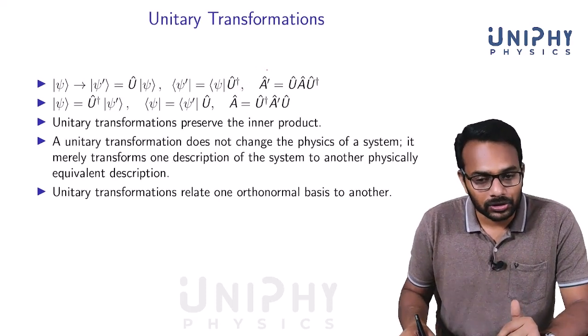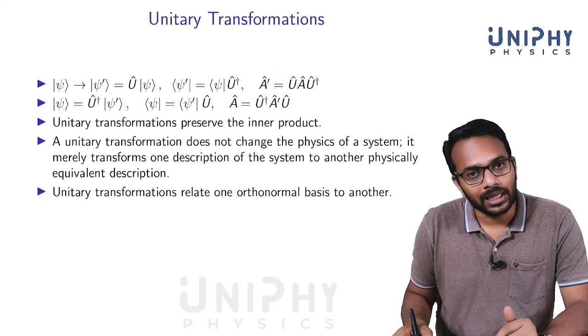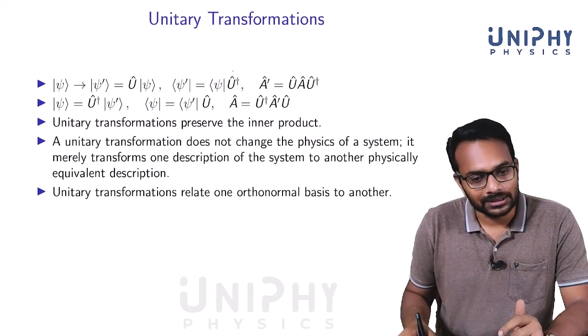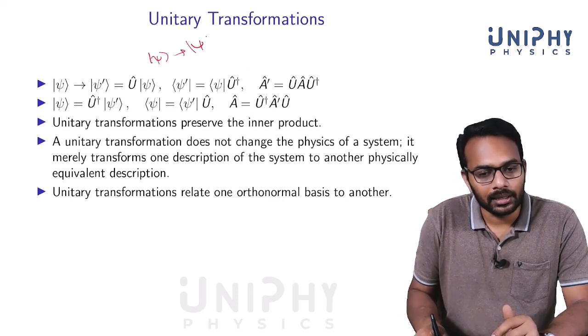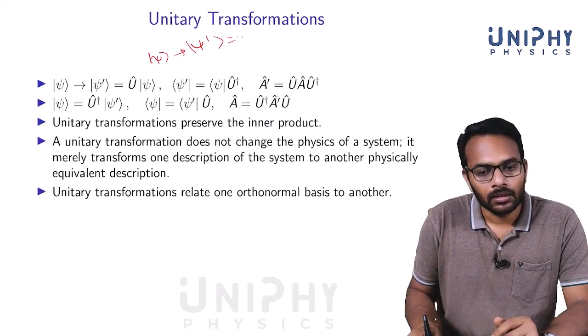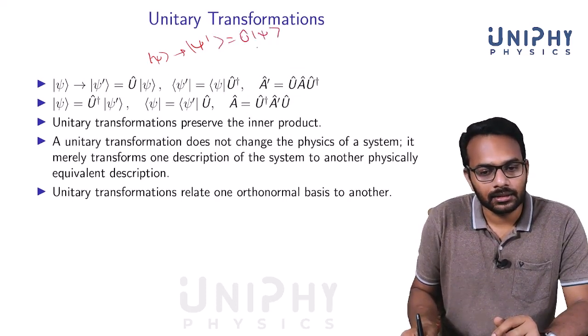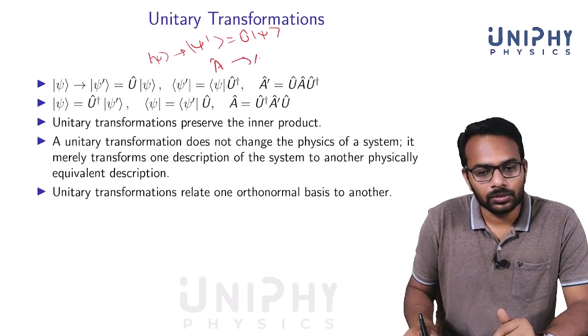And it's important to remember the operator transformation. When the state changes from psi to psi prime, equal to U psi, then the corresponding transformation will take the operator A to A prime, which is equal to U A U dagger.